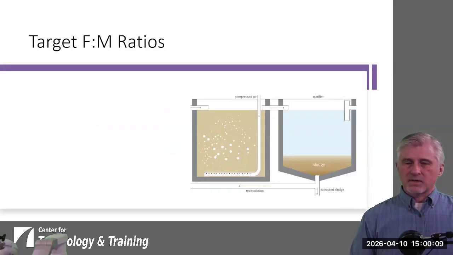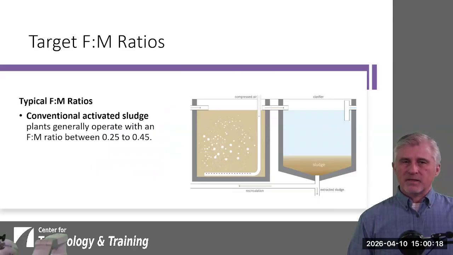So what do we want as far as our ideal food to microorganism ratios? It depends on what type of treatment we're doing. If we're looking at conventional activated sludge, those plants generally operate with a food to microorganism ratio of between 0.25 and 0.45.